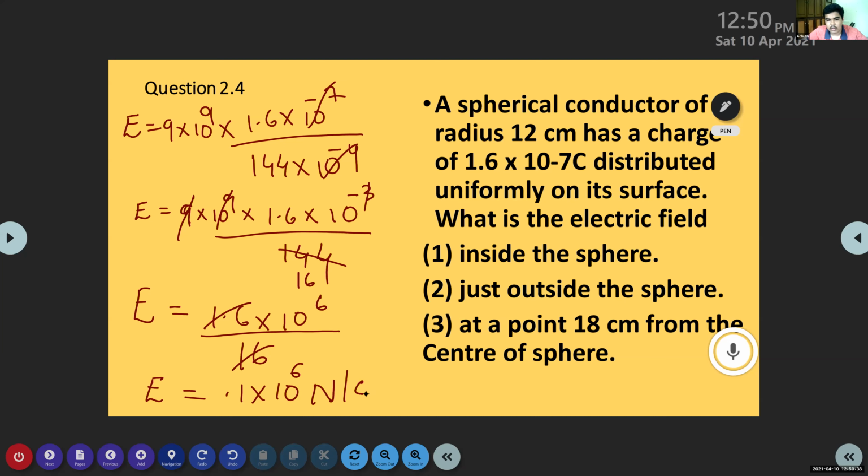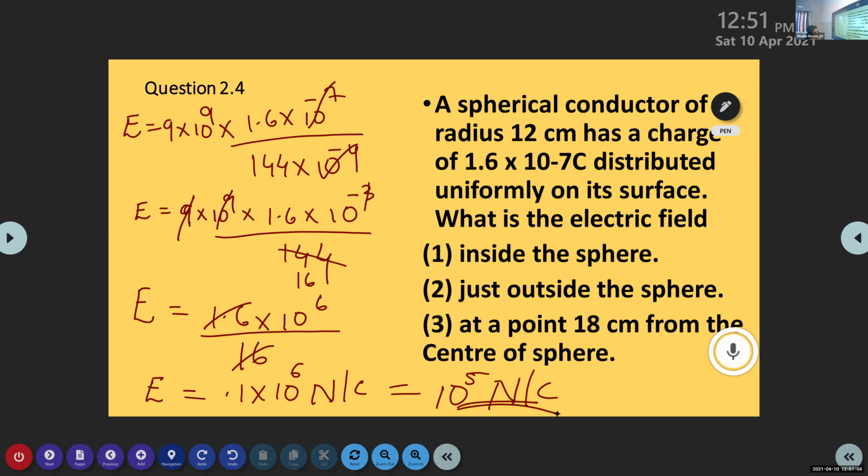Can we write it as 1 into 10 raised to 5? Yes, of course. That is equal to 10 raised to 5. The unit of electric field is Newton per Coulomb. So the electric field is 10 raised to 5 Newton per Coulomb. Is it clear?